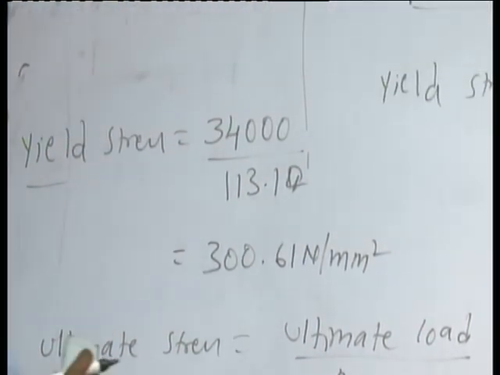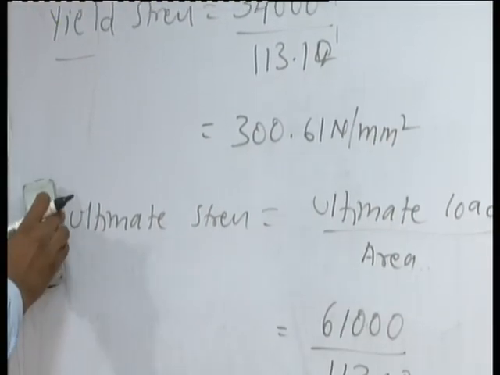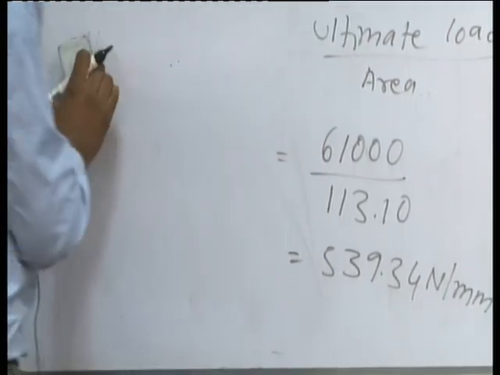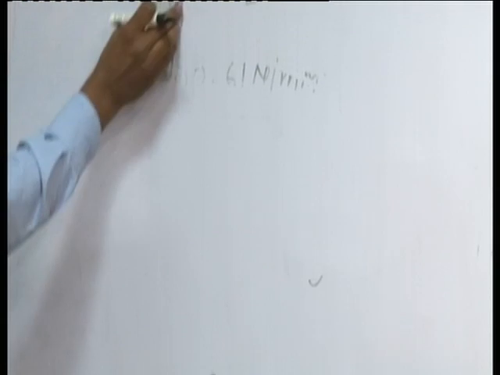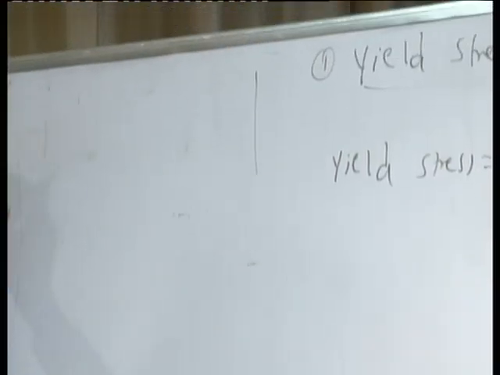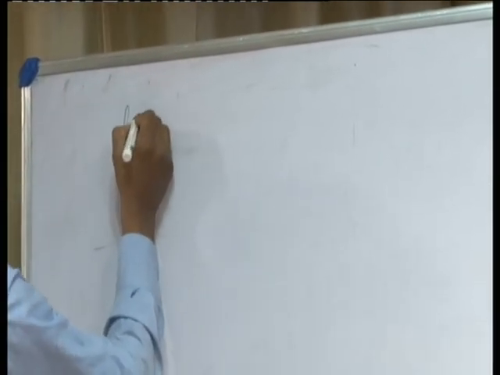After calculating the ultimate stress, we have to calculate the percentage of elongation. I already told that here it is a tensile stress automatically. So we are applying a tensile stress, and automatically the length increases. The initial length we have is 60 mm.